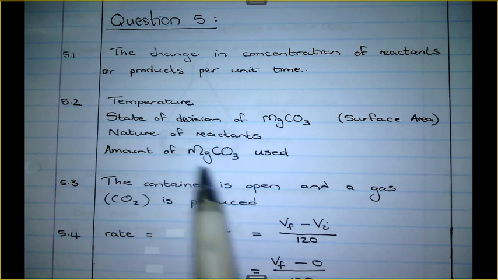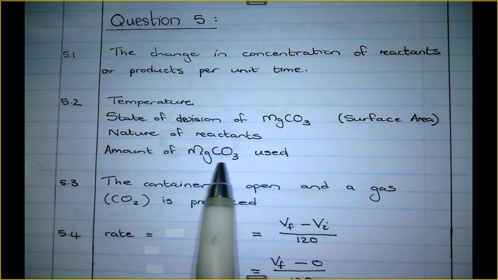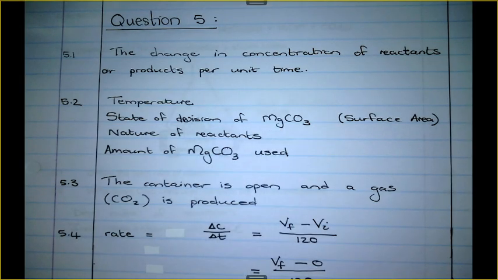I would assume, although they don't state it, but how else are we doing this, that the amount of magnesium carbonate also stays the same. So any of those would be your controlled variables or your constants. Okay.